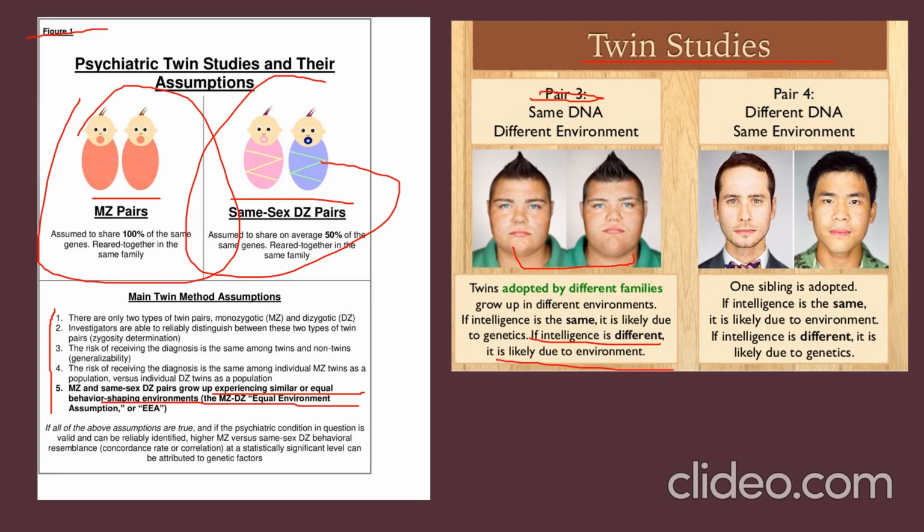Here naman, we have different DNA, pero same environment. Sino to? One sibling is adopted. If intelligence is the same, it's likely due to the environment. If intelligence is different, it's likely due to genetics. So kung merong mas matalino sa kanila, but they share the same environment, so you attribute that to the genetics.